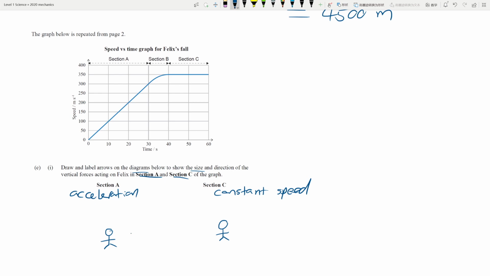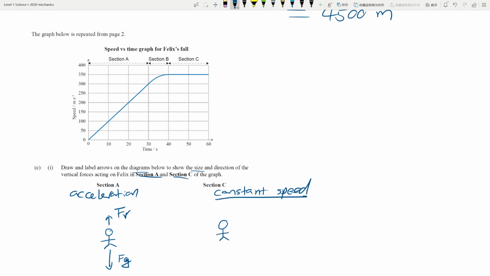If I look at the person in section A versus the same person in section C, you can imagine the person is free falling. If something is accelerating, that means the force of gravity is going to be, actually let's draw this on the person, the force of gravity, or the weight force, is going to be greater than the force of resistance, or air resistance, or friction, or whatever you want to call it.